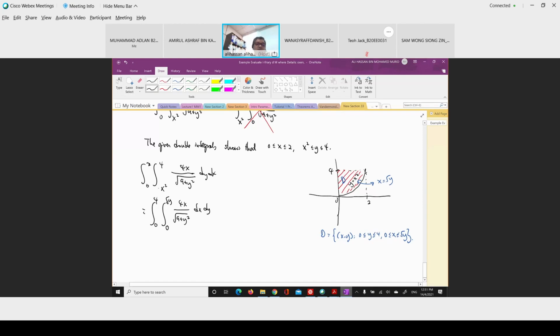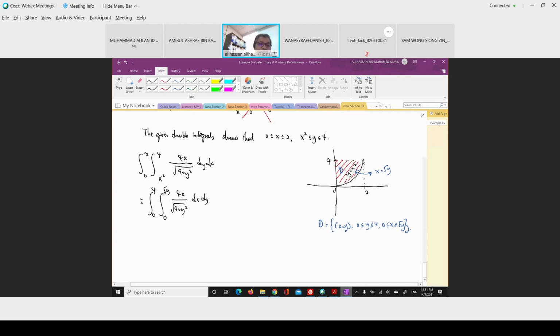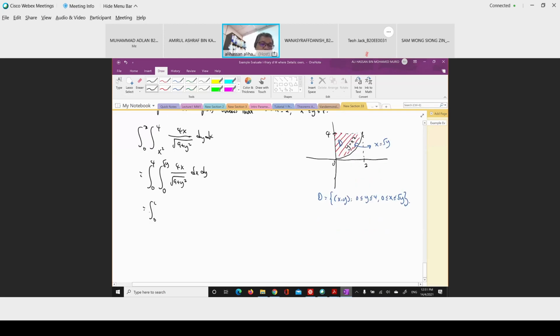This is what is required to evaluate the double integral by changing the order of integration. So this is a lot easier. The integral of 4x is 2x squared, right? The square root of 9 plus y squared remains the same because we are treating y as a constant.